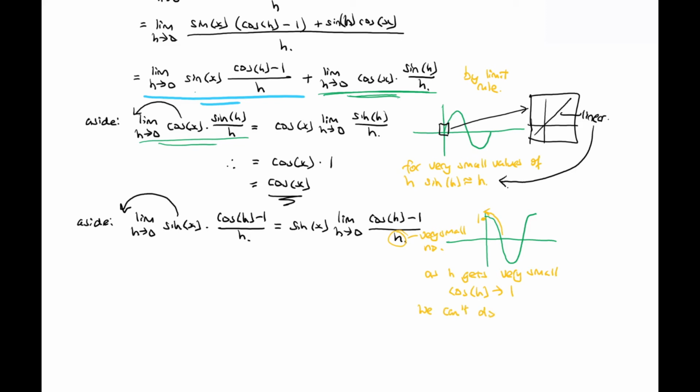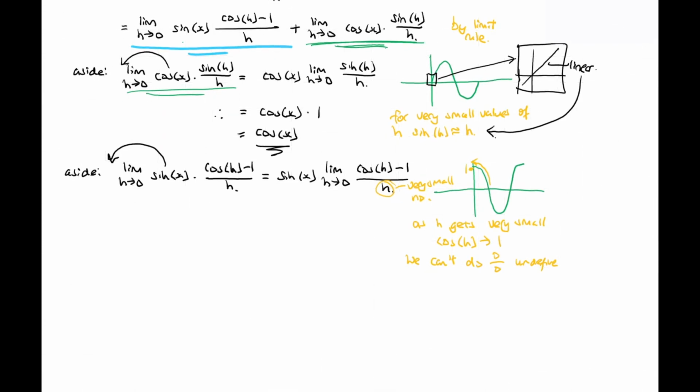And of course we can't evaluate this because it is undefined. So we had to find a different way to approach this. We can rewrite this by multiplying both top and bottom by cos of h plus 1. So long as it's equal to 1, that's okay. It's just a way we can manipulate stuff.